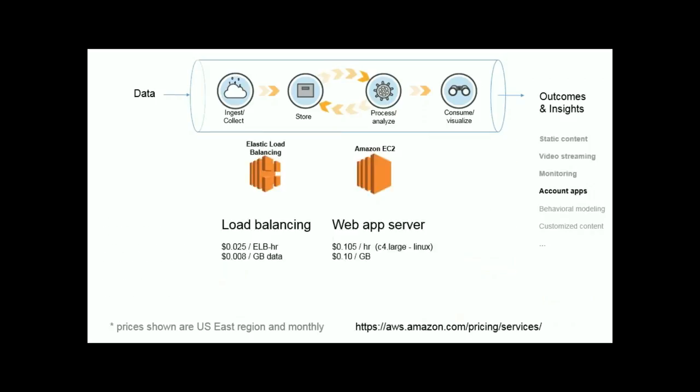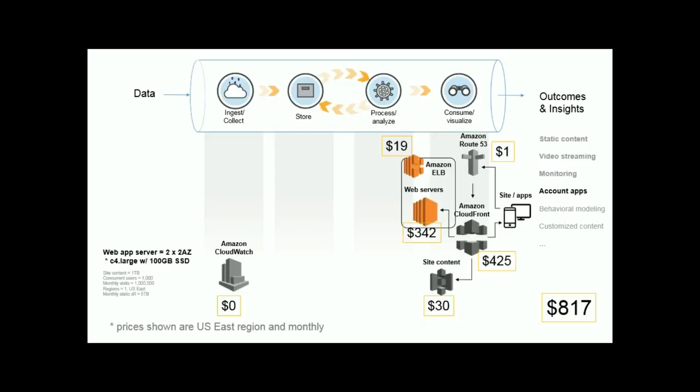Now, the next layer will be the actual hosting. So for hosting these applications, we have load balancing and we have the web application server, using ELB and EC2. And this is for hosting the account applications. Now, for the backing of this, we'll look at using C4 instances. Maybe C4.large will be sufficient. And we're going to run these web application servers in a 2x2 configuration.